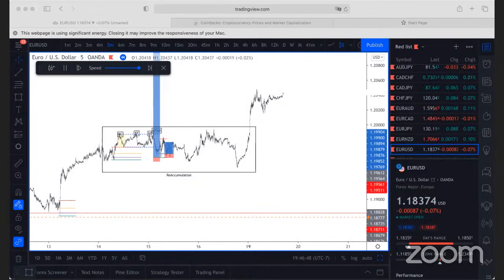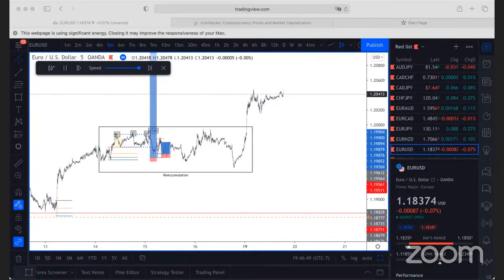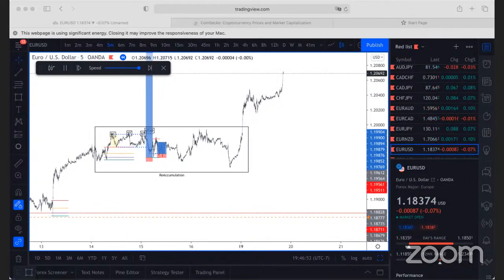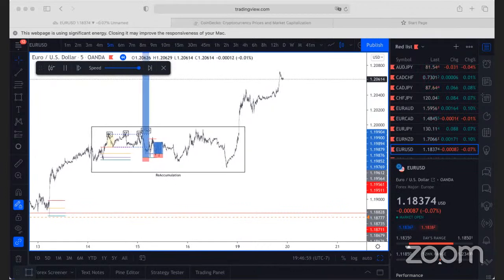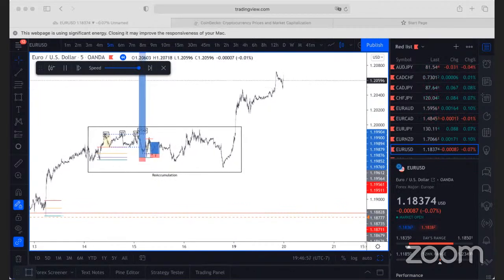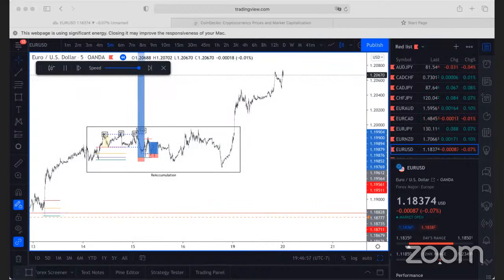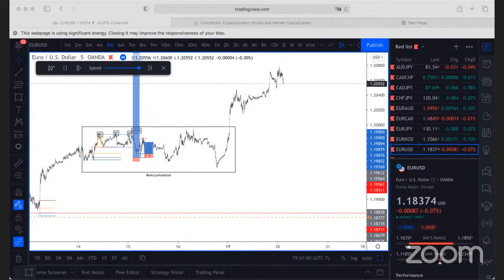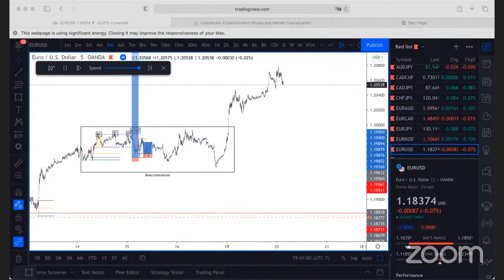But let's see. Can we come down? Nope, it doesn't look like we're going to be coming down. It looks like it's trying to stay out all night.